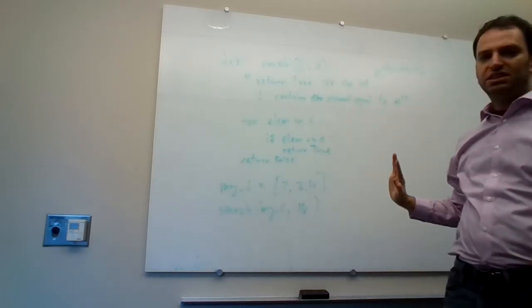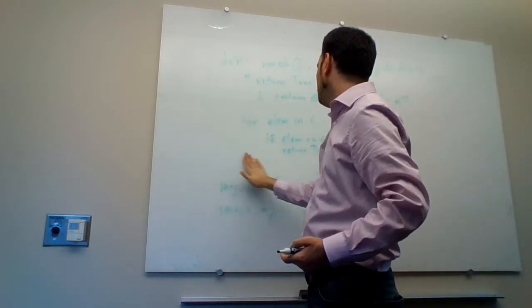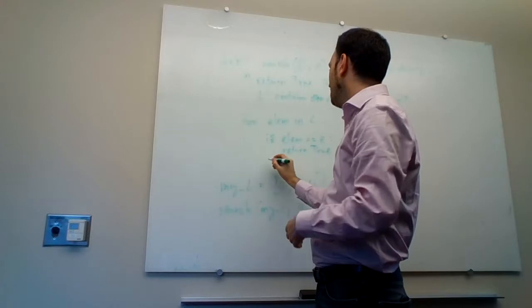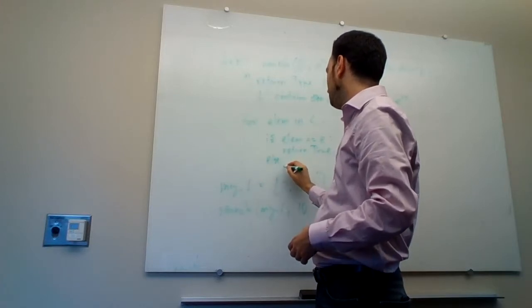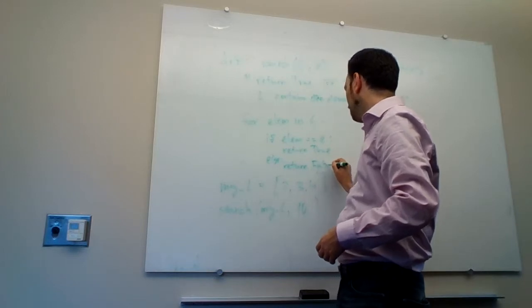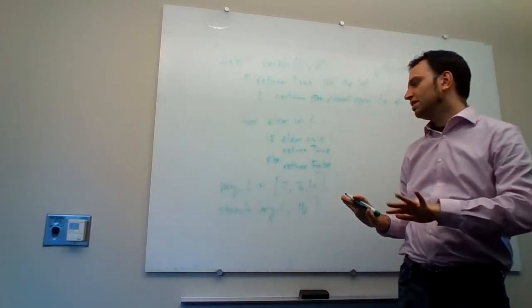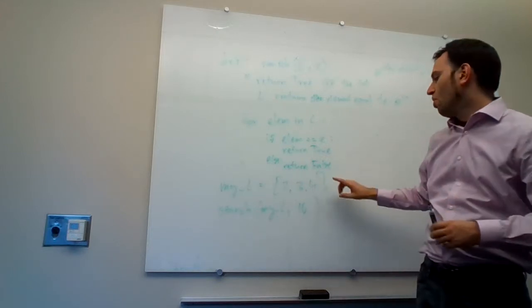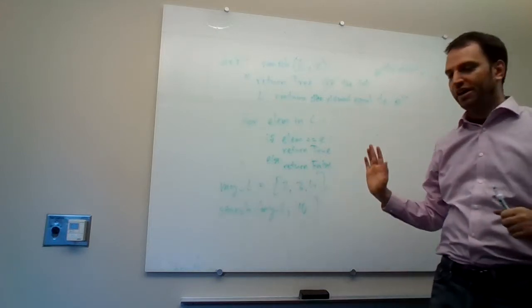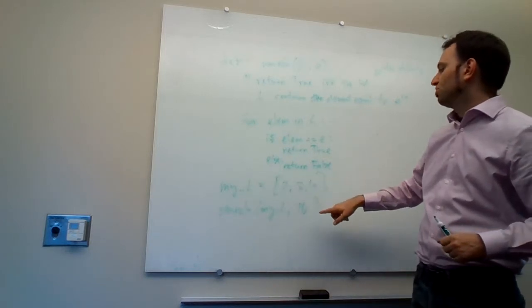A common mistake here would be to do something like if LM equals E, return true, else return false. So it's worth pausing and figuring out why that is wrong. So, hello again. I hope you paused, or else knew right away what's wrong.